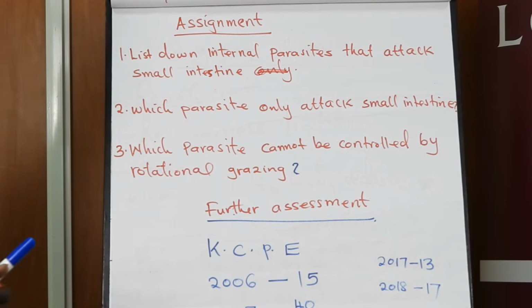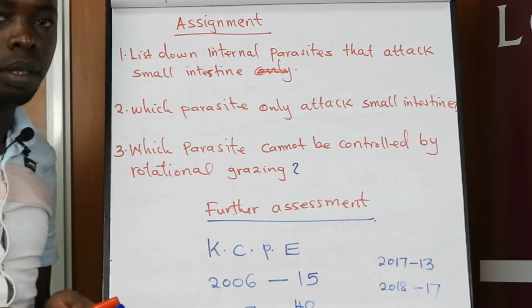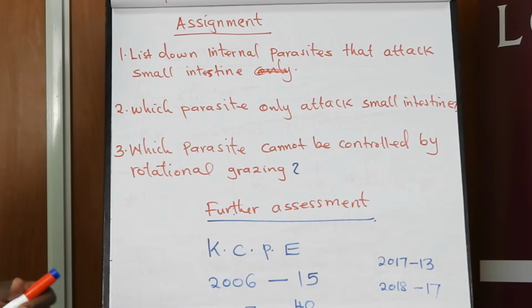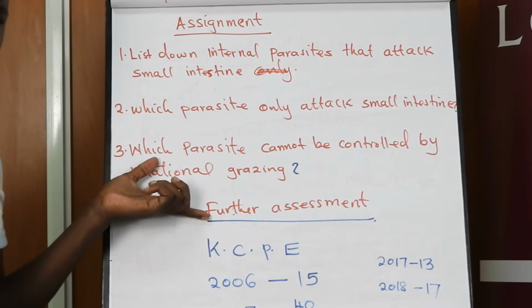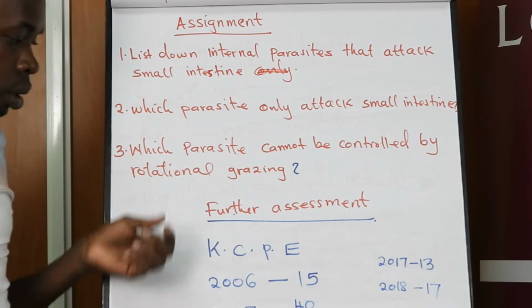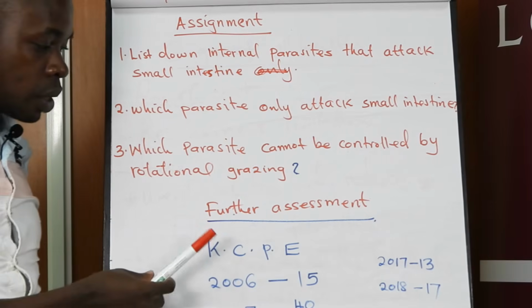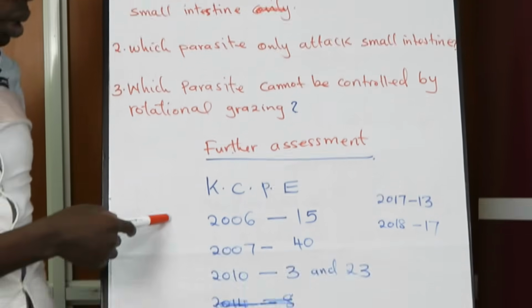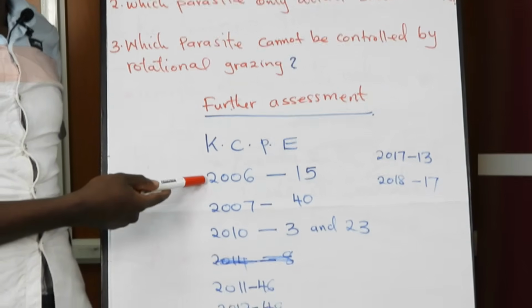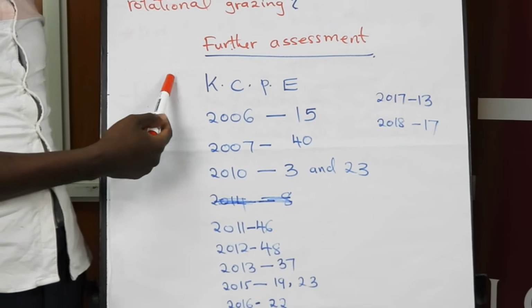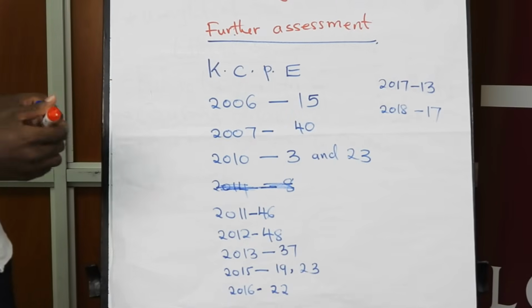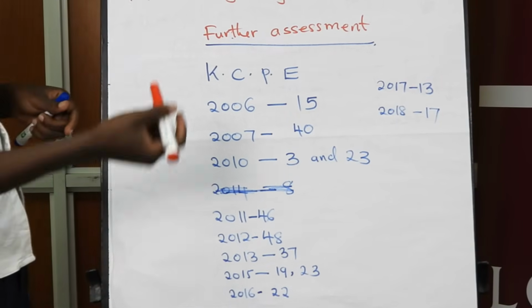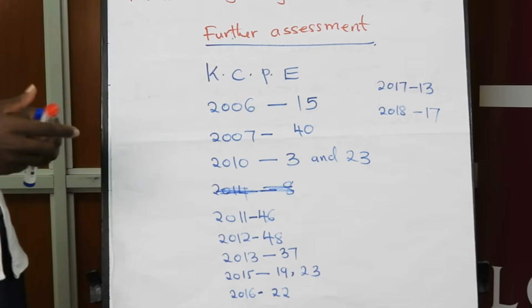So, from where you are watching us, if you are able to answer these questions, then I believe and trust that you are ready to go. Further assignment. I want to take you to the KCPE papers that specifically ask questions on internal parasites and external parasites.